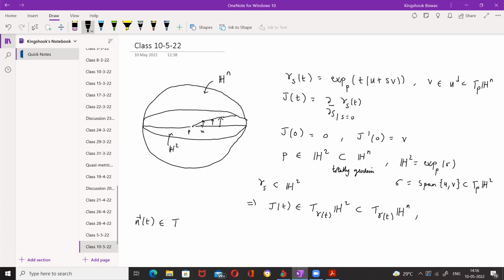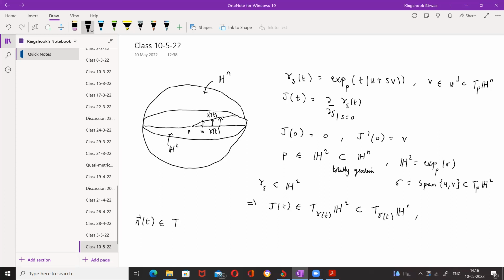So, okay, if this is gamma T, let me take N of T to be a unit normal vector.